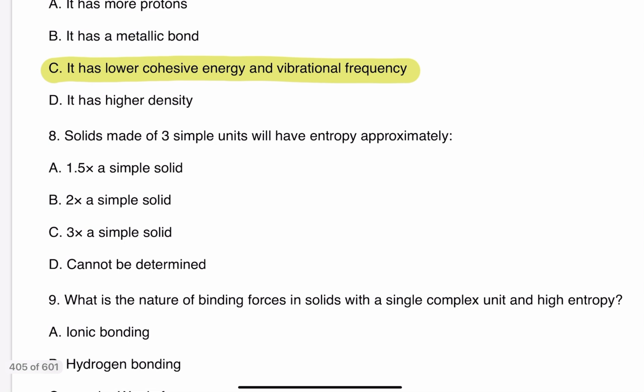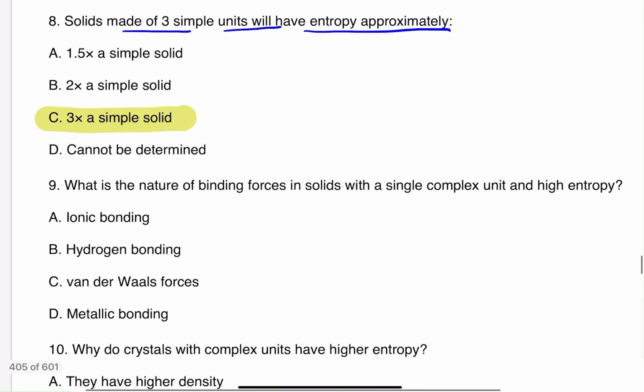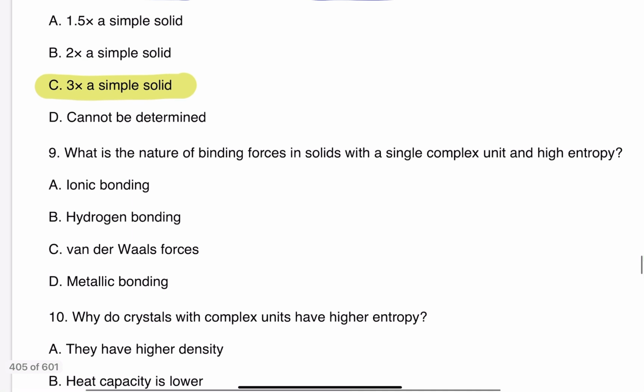Now, a solid made of three simple units will have entropy approximately three times that of a simple solid, right? The entropy will be n times that of one simple unit basically. Next, what is the nature of binding forces in a solid with a single complex unit and high entropy?